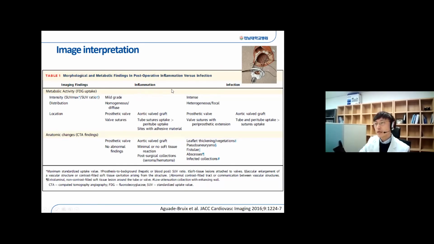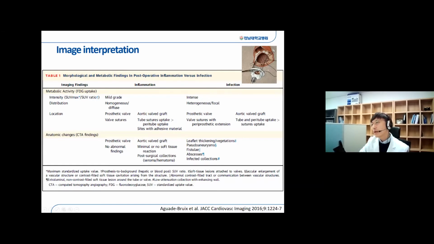In terms of differentiation between real infection and inflammation, the intensity is more intense for infection, and the distribution is heterogeneous and focal for infection, but the postoperative change can show a mild grade of homogeneous and diffuse uptake around the prosthetic valve, and especially at the tube suture and adhesive material.